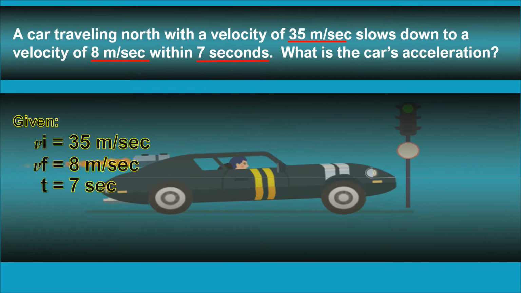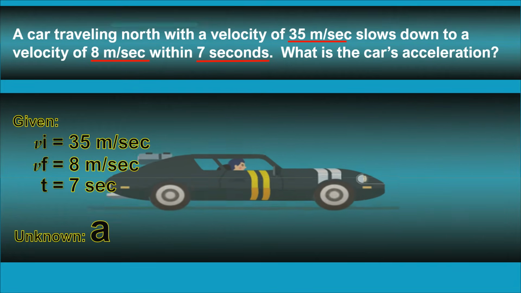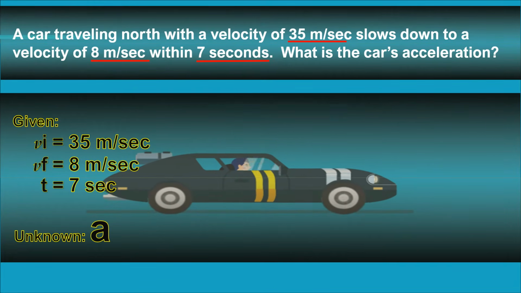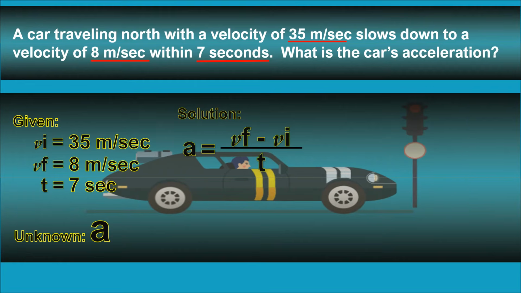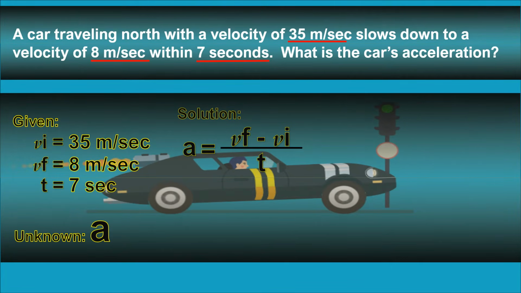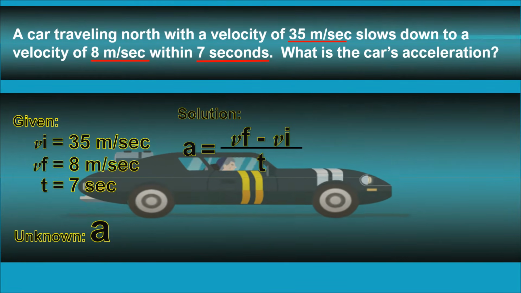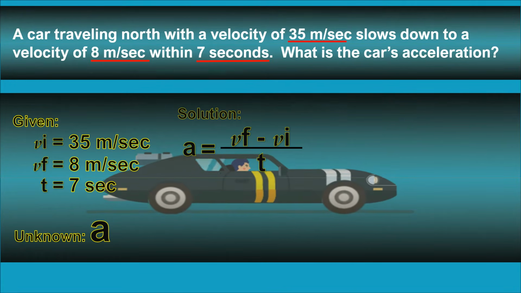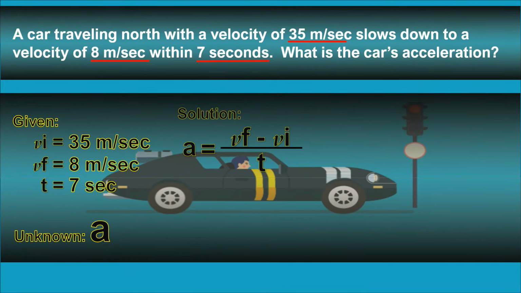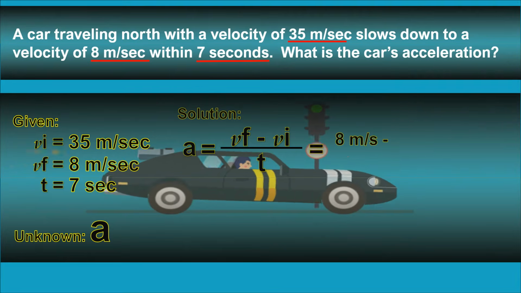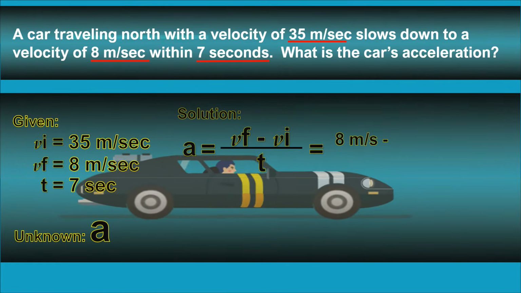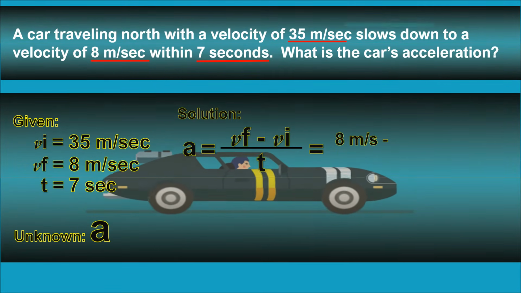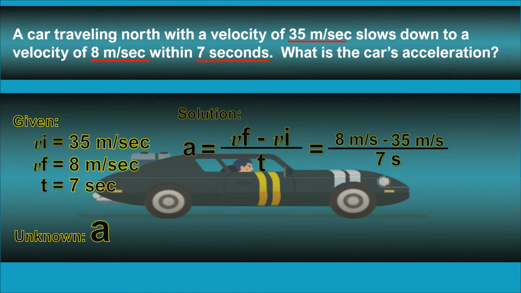In our problem, unknown is the acceleration, with a formula of A is equals to Vf minus Vi divided by time. Then, substitute the given to the equation. A is equals to 8 meters per second minus 35 meters per second divided by 7 seconds.